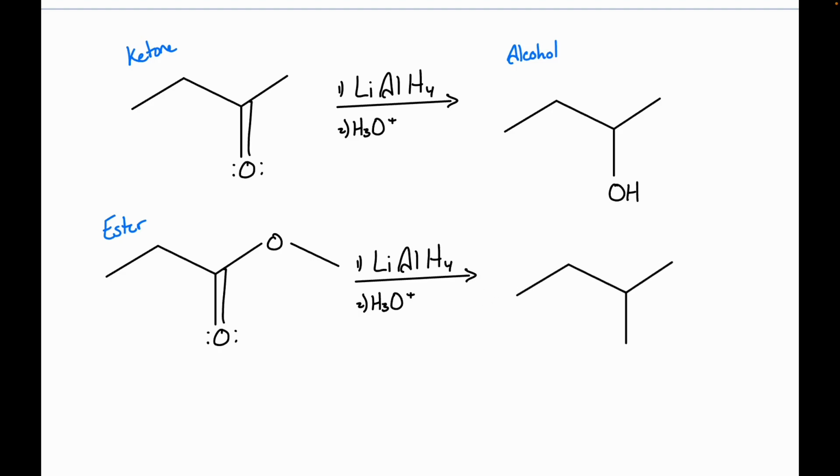I'm sorry, we would get an alcohol, and it would actually cleave off that ester functional group. So the alcohol that I get at the end is just these 3 carbons from my ester. Not only does it reduce that carbonyl group, it also breaks that carbon-oxygen single bond. That carbon originally had 3 oxygens on it, and it's going to fully reduce it to having only 1.